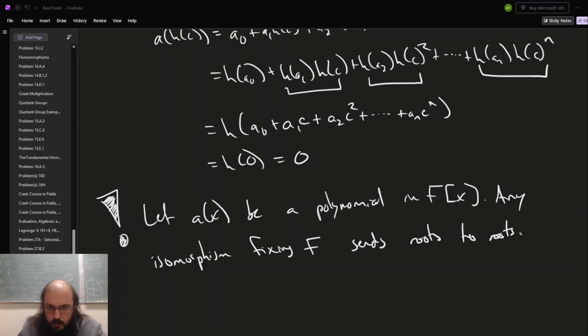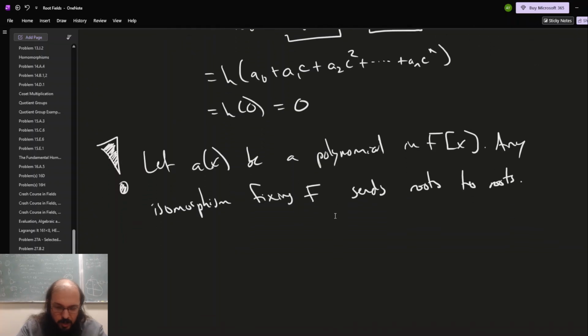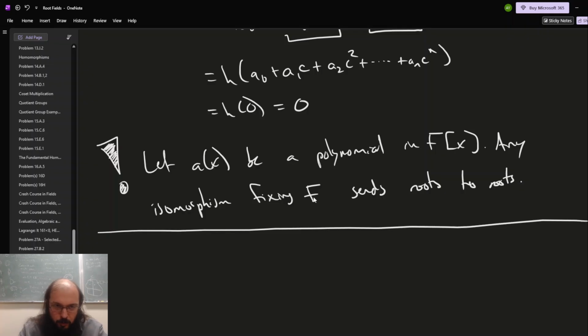Now, two comments are in order. The first is we can add a little bit more clarity and structure to the situation by introducing the concept of a root field.